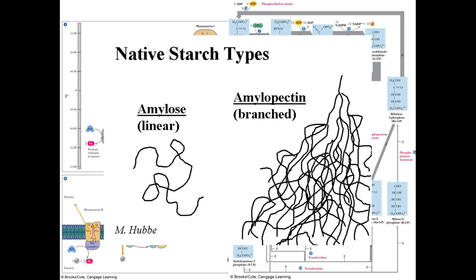But let's say those hard times came. Let's say there is that cloudy day and there's no sun to fuel the light reactions. What happens to the glucose in starch? Well, that glucose is cleaved and released from starch, very much like it's cleaved and released from glycogen.